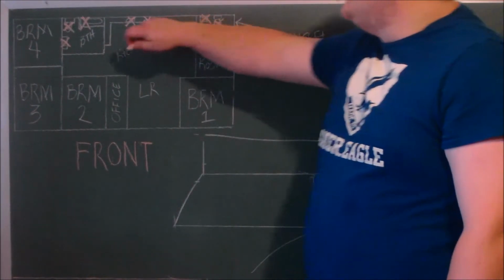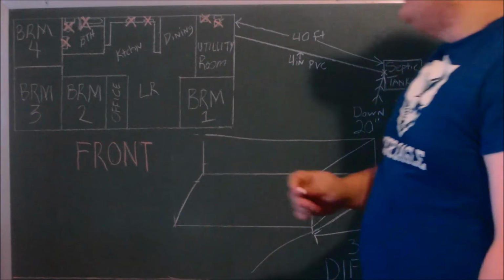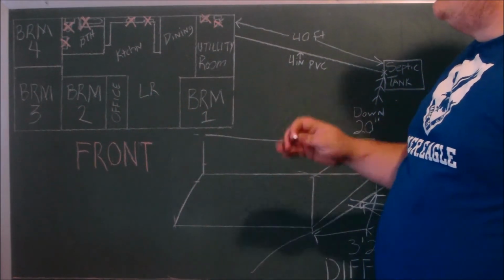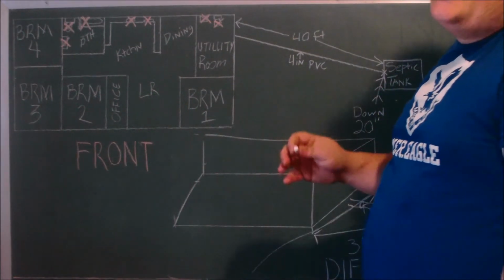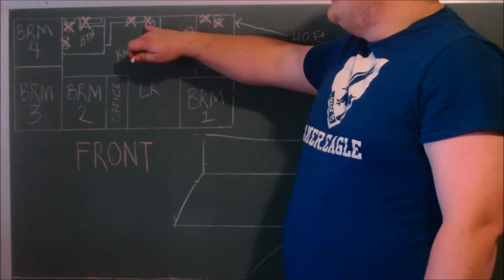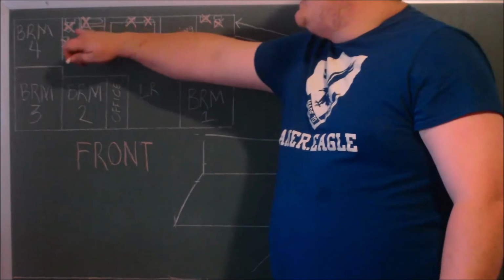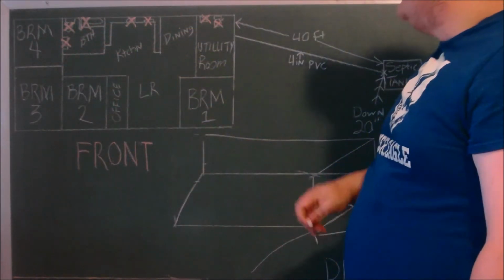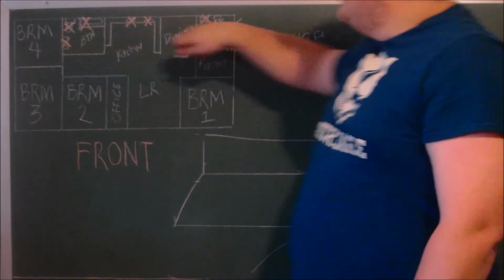All these pink X's are marked as a utility or a place where a drain line is going to be. So we've got toilet, sink, dishwasher, sink, bathtub, toilet, sink.